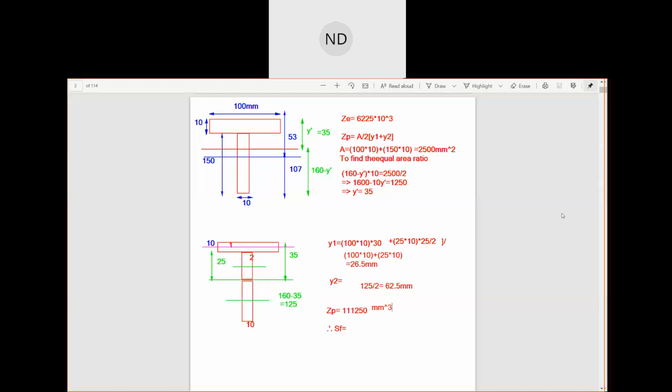How much is your shape factor? Who got how much? The shape factor ZP by ZE?